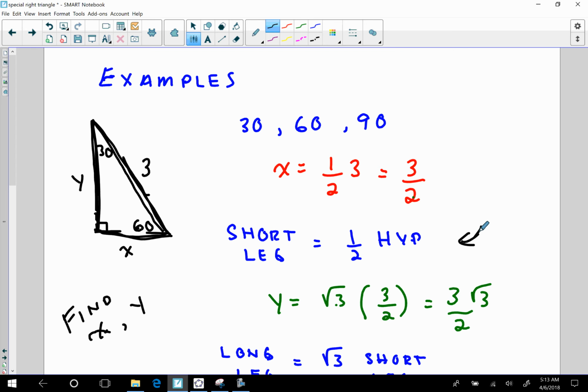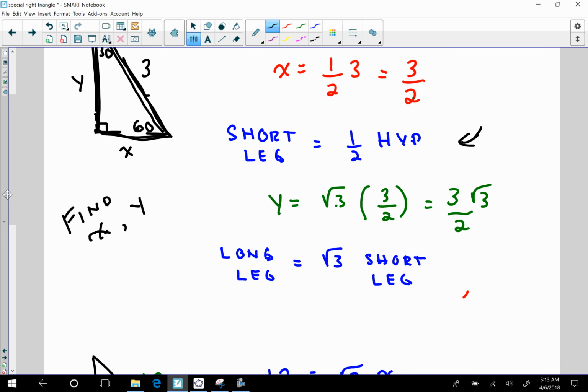Why is y equal to square root of 3 times 3/2? Because the long leg is square root of 3 times the short leg, and the short leg we found was 3/2. Square root of 3 times 3/2 is 3 square root of 3 over 2. And this is our property.